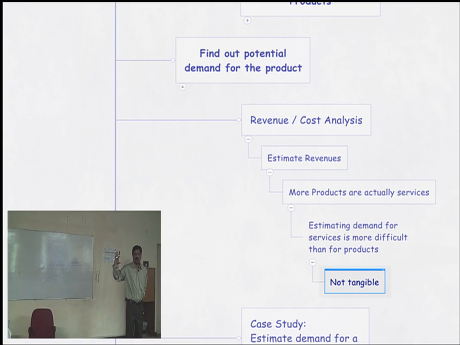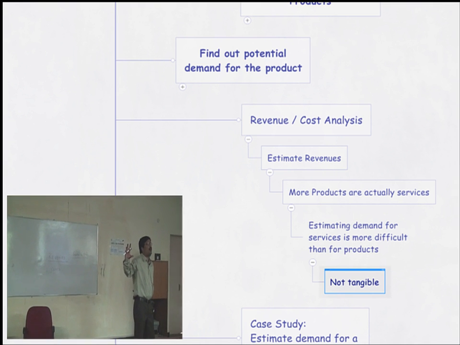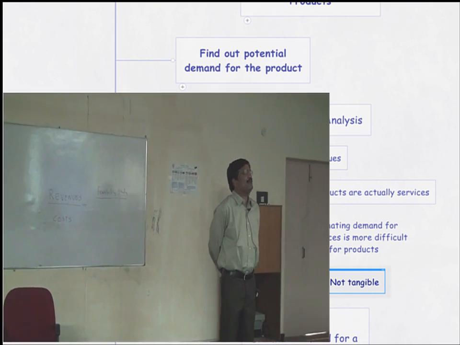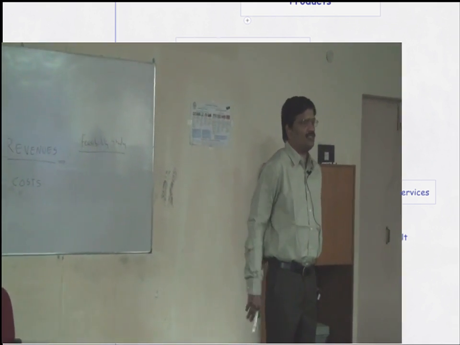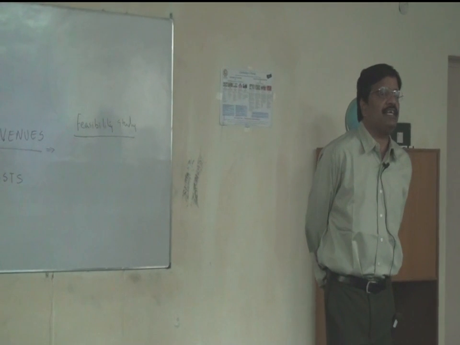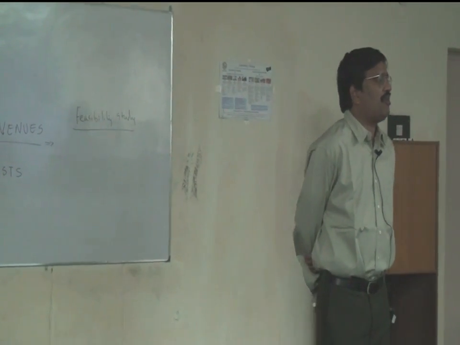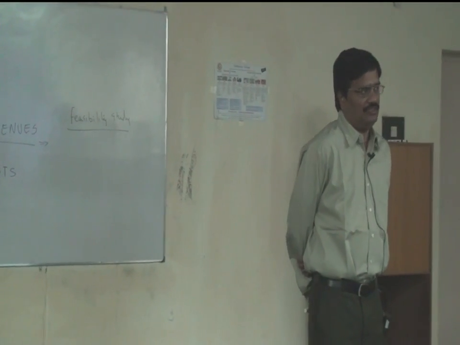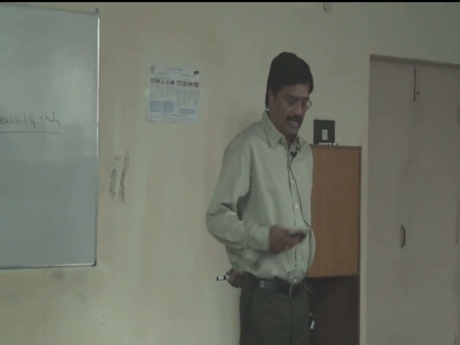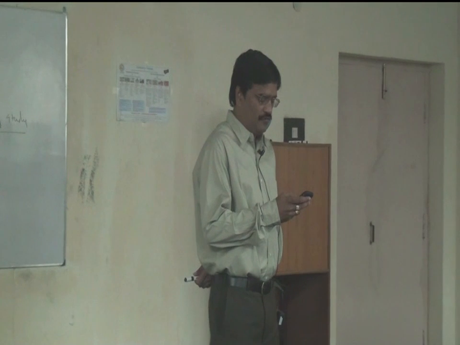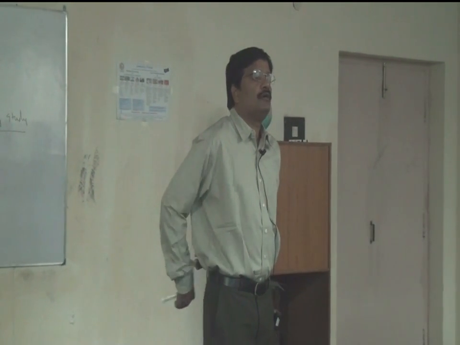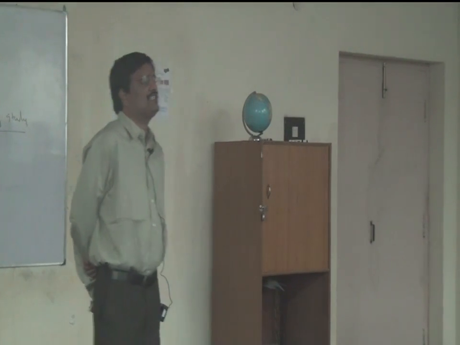I can put a photograph of a refrigerator, that this is how a refrigerator will look. I can make it tangible because you are actually selling a physical piece. But when you are selling a service, you do not have anything tangible, right? So it will perhaps be more difficult for us to estimate demand of services than products.